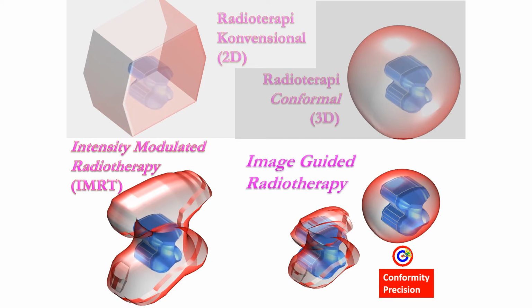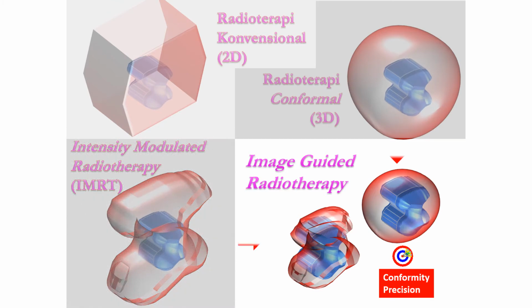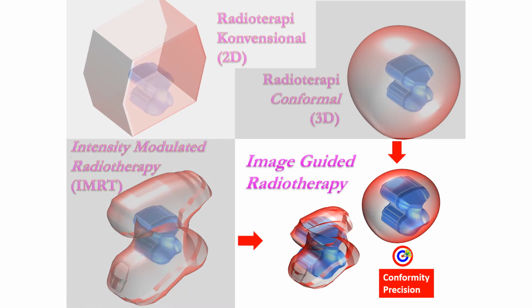However, there still need to be margins around it to anticipate internal movements inside our body, such as respiratory movements or intestinal movements. Even more advanced with IGRT, the margin can be further reduced, and the final result of using advanced technology is that we will be able to protect more normal tissues from radiation exposure in curative doses.